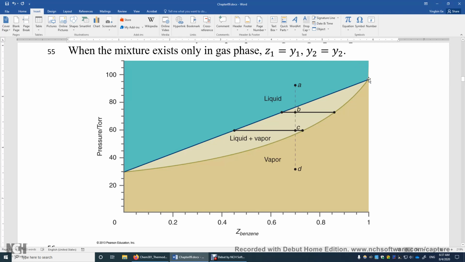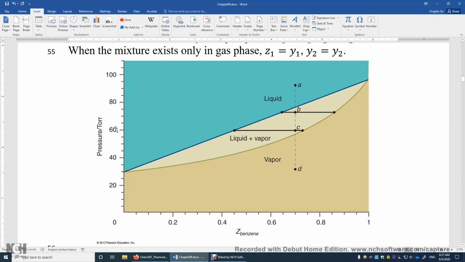But right here, about 90 bars, the vapor and the liquid phase coexist. Actually, at this point, benzene starts to boil at room temperature under this pressure. What if the pressure is even lower than this? Well, benzene exists in the gas phase.